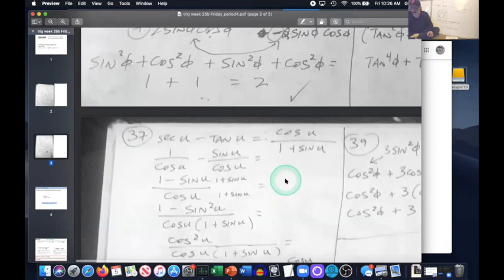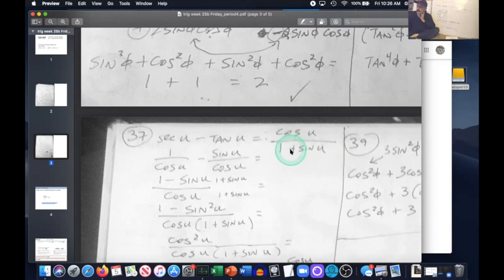Okay, and then here, I decided to work on the left side first, because I didn't want to mess with this fraction if necessary. So I changed to sine and cosine, combined them. And now this is where this gets tricky. So if you're not sure what to do, you want to try to get the left side equal to the right side. And so on the right side, the bottom is 1 plus sine.